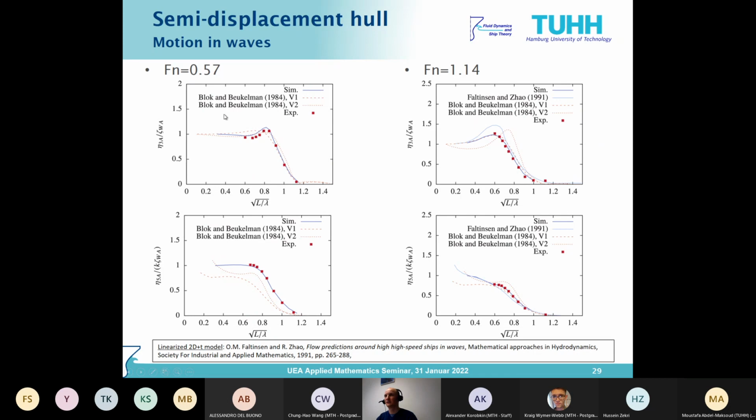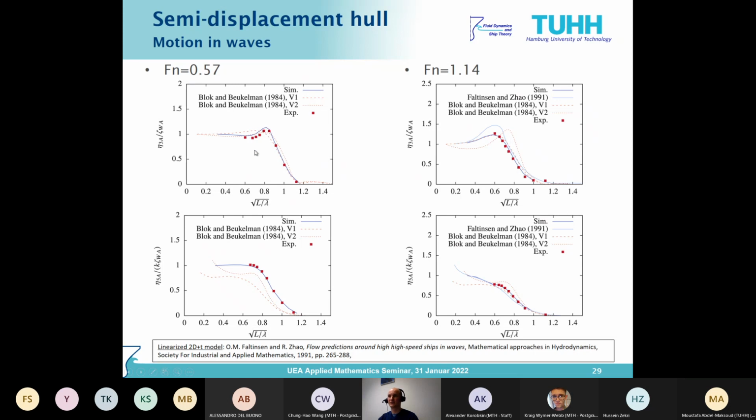And those are the results of the transfer functions for the lower Froude number on the left side, and for the higher Froude number on the right side. In blue are the simulation results, and those dots are the experimental results. You can see they agree quite well. There's a little overestimation at the peak by the simulations.